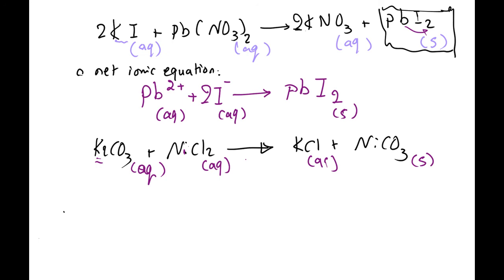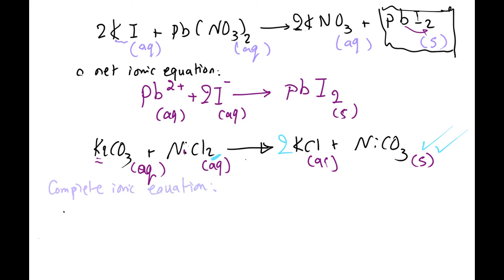Okay, the second step, you need to balance your equation. And nickel chloride, I have here 2, we'll put 2. Potassium becomes 2. Now your equation is balanced. Let's write first full ionic equation. You might be asked to write full or complete ionic equation.